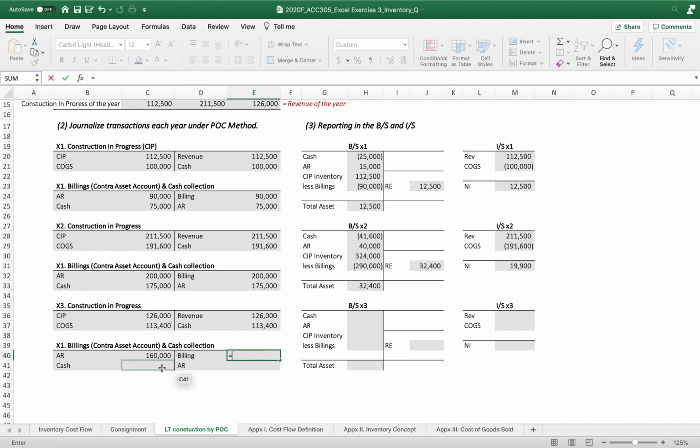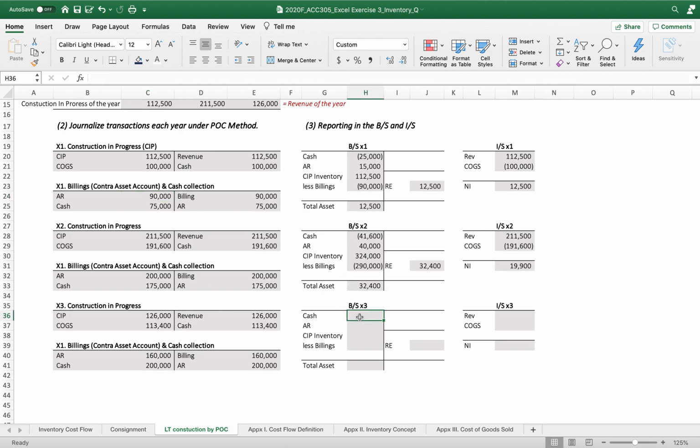So the billing should be recognized when they send the bills. So the same amount as AR, and then the cash amount they receive, 200,000. By this amount, they have to reduce AR. I guess this total amount of AR, 160, 200,000, and 90,000 should be the same as the 450, which is the price of the contract.